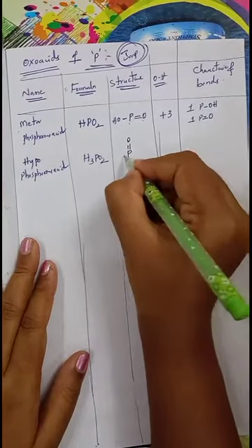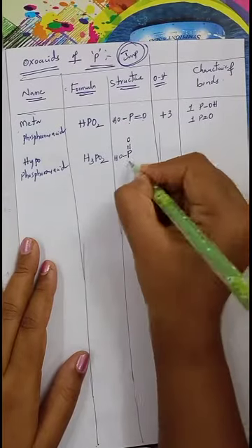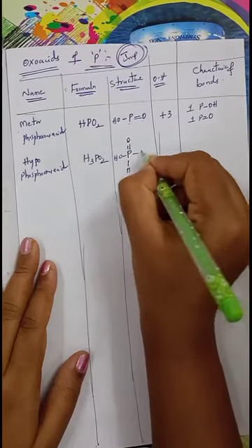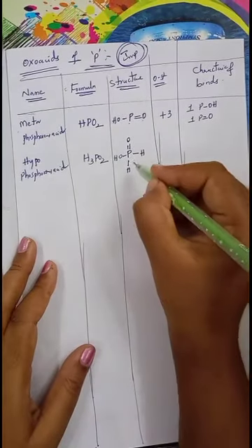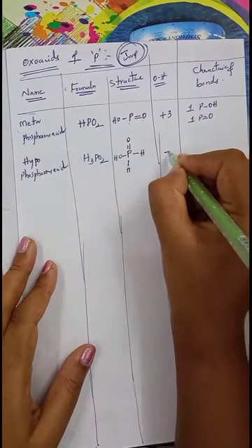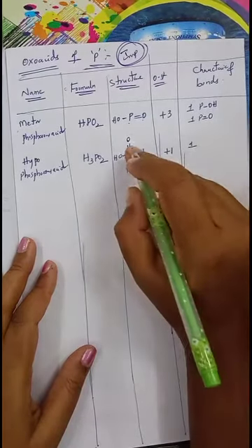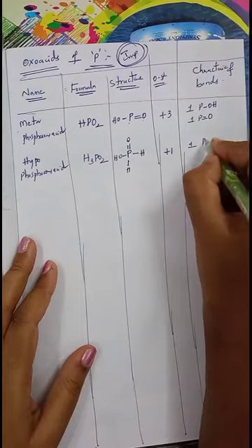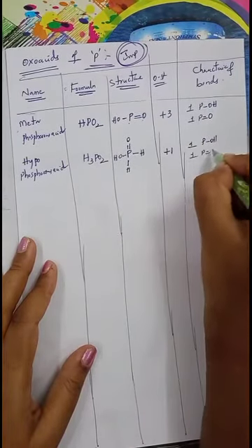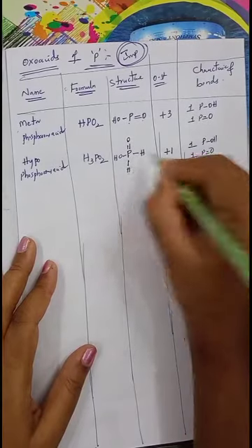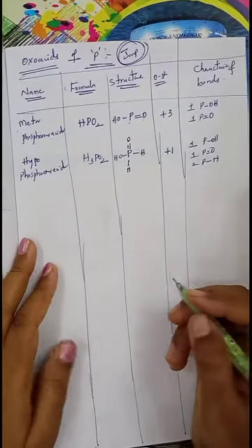Another oxygen combined with hydrogen forms an OH bond. And 2 more hydrogens are there, they make a single bond with the phosphorus. Like that you can easily remember. The oxidation state of phosphorus here is +1. The types of bonds: one P-OH bond and one P=O bond, and 2 P-H bonds. So that is about the types of bonds.